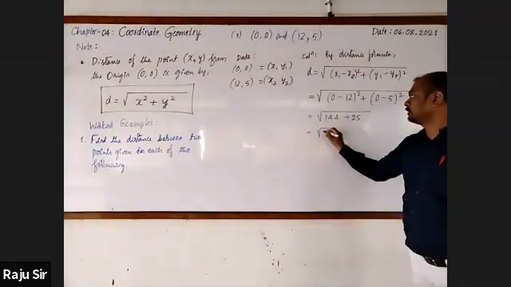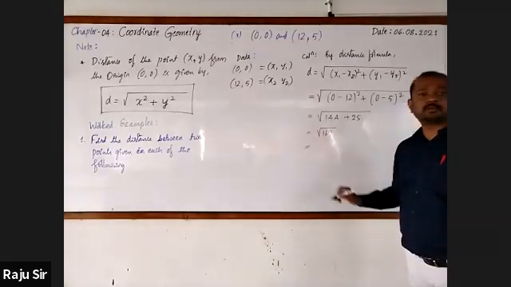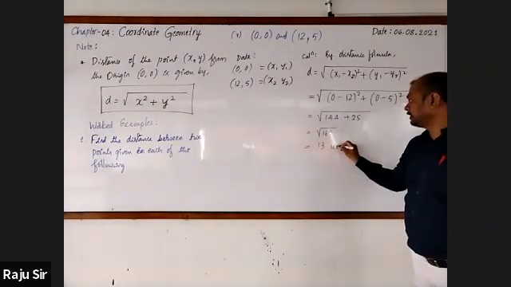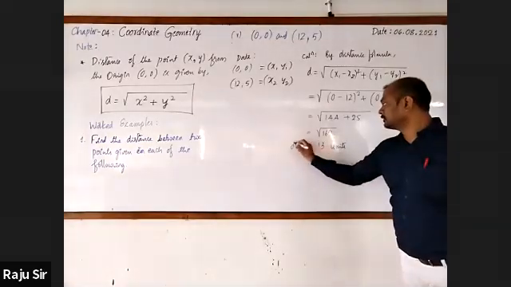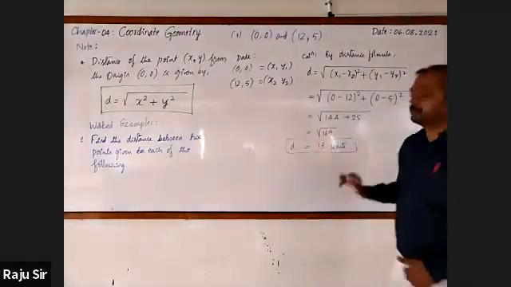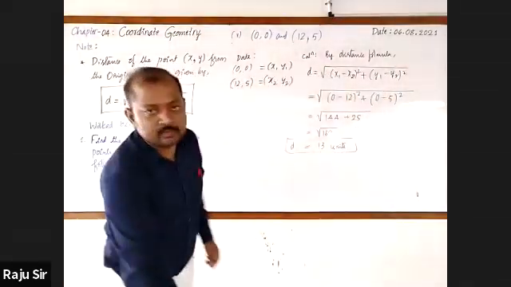It's equal to square root of 169. This is equal to 13 units. First type problem is over.